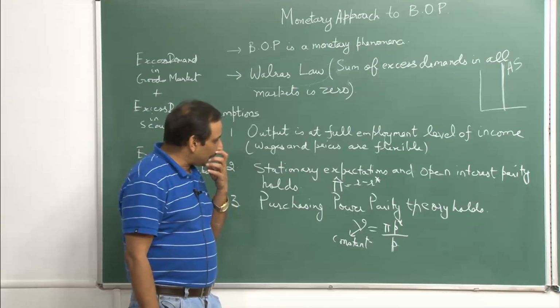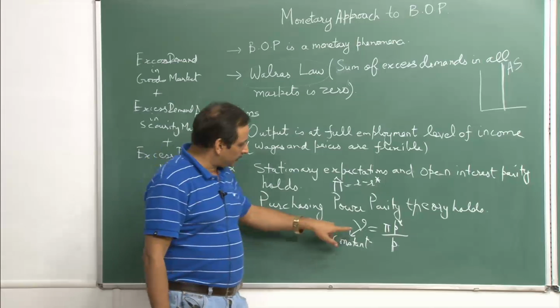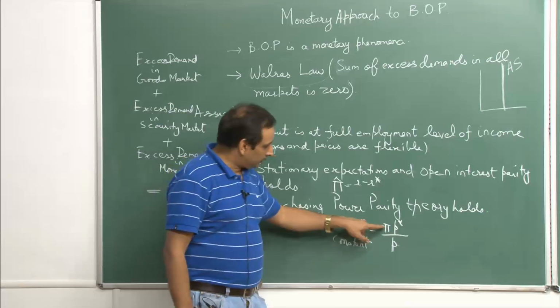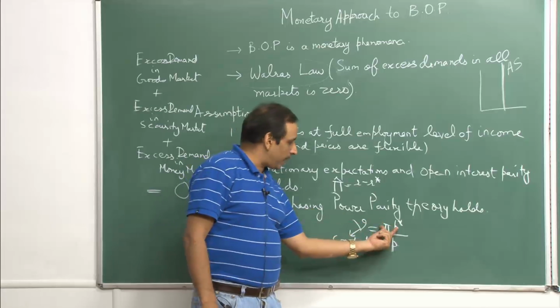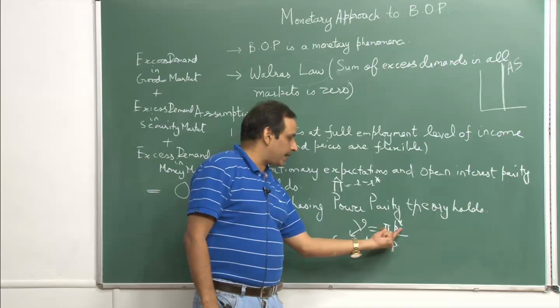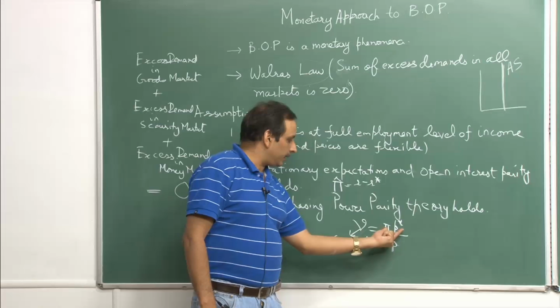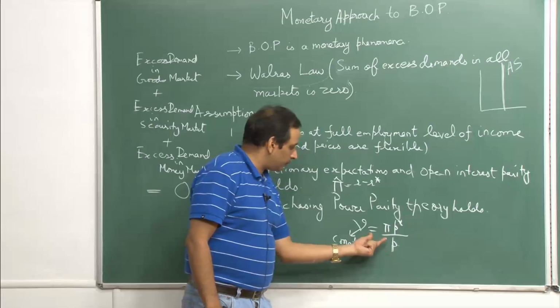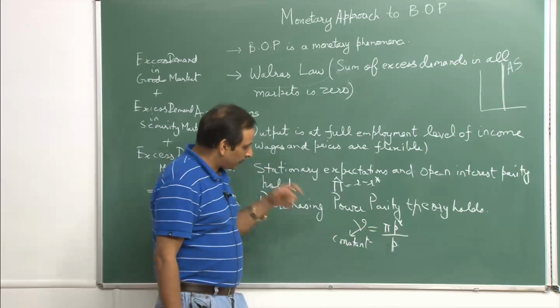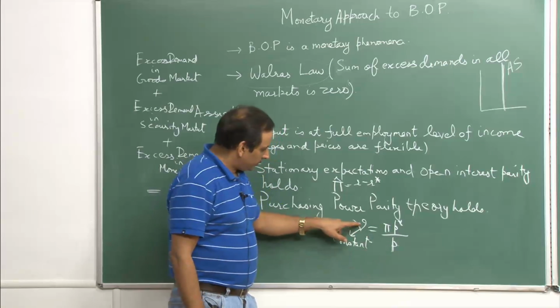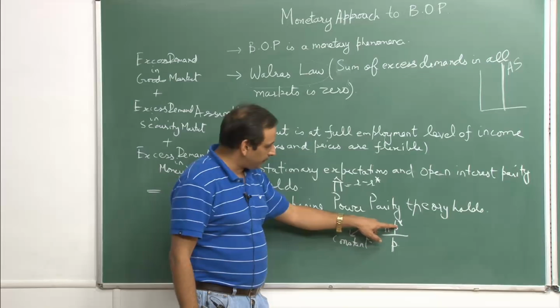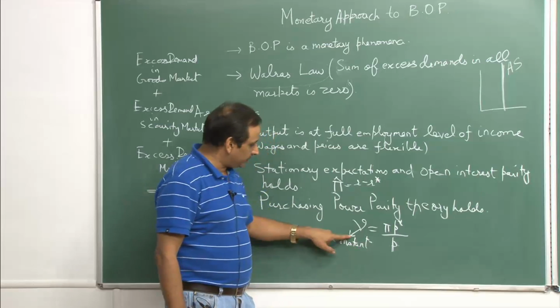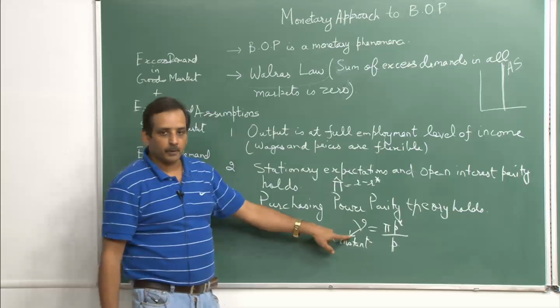So, pi p star would be the prices expressed in domestic currency. This is linked to p. So, nu is equal to pi p star by p, and this is a constant.